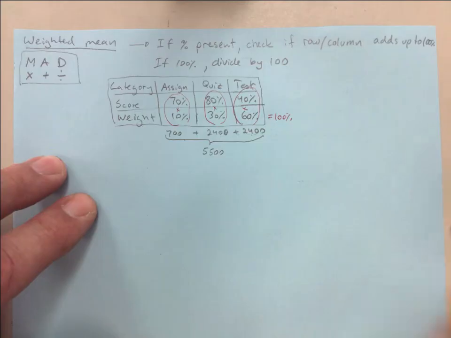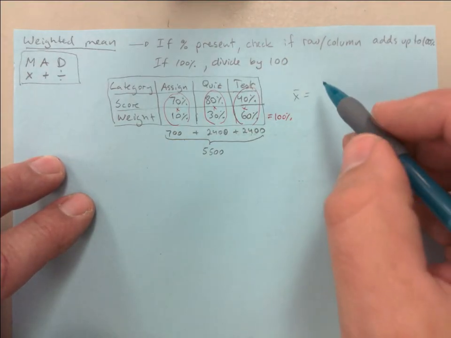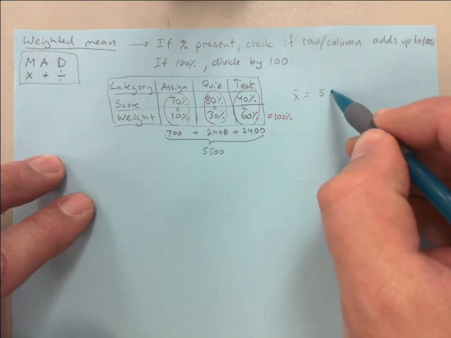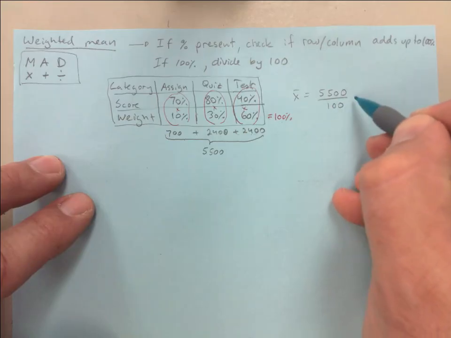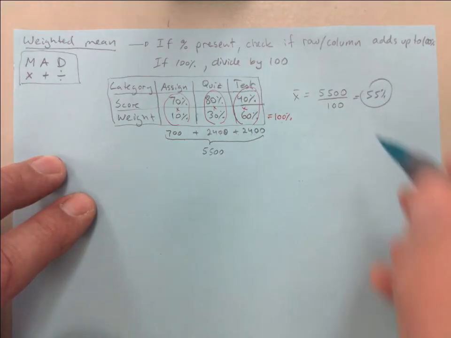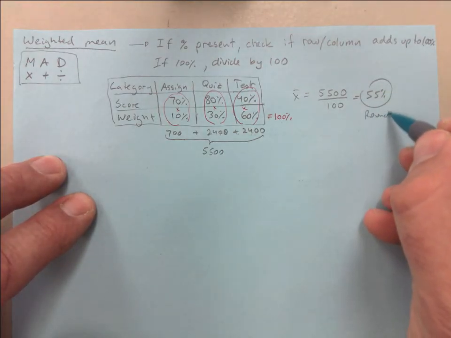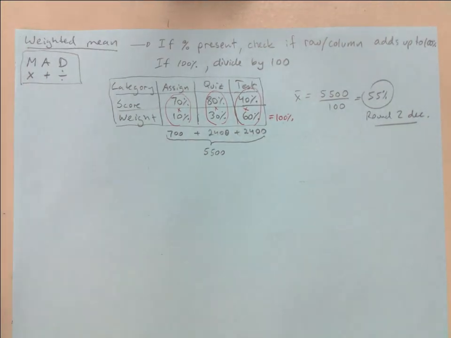Somebody might want to double check that, but I'm pretty confident it's 5500. 5500 divided by 100. Round to 2 decimals, okay?